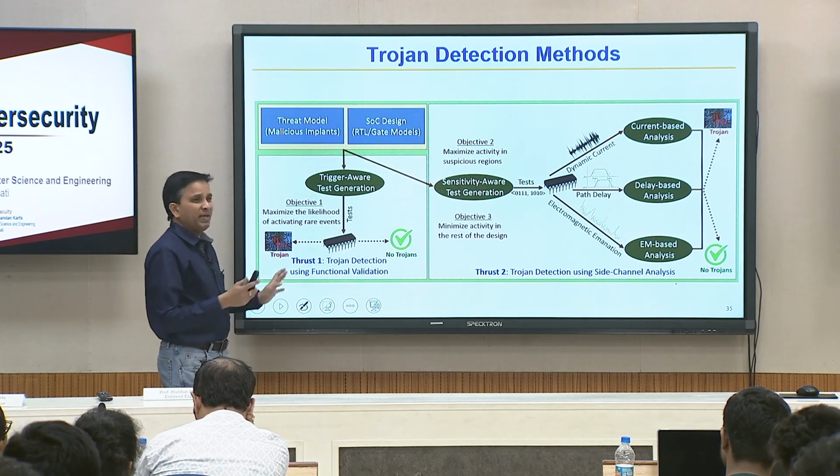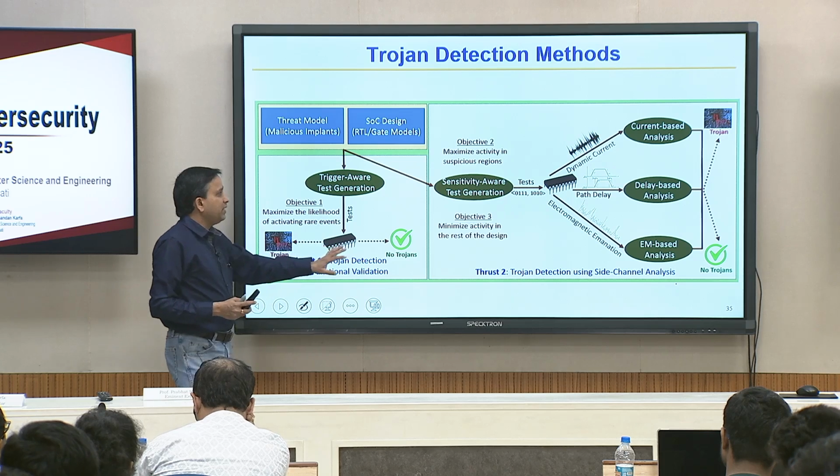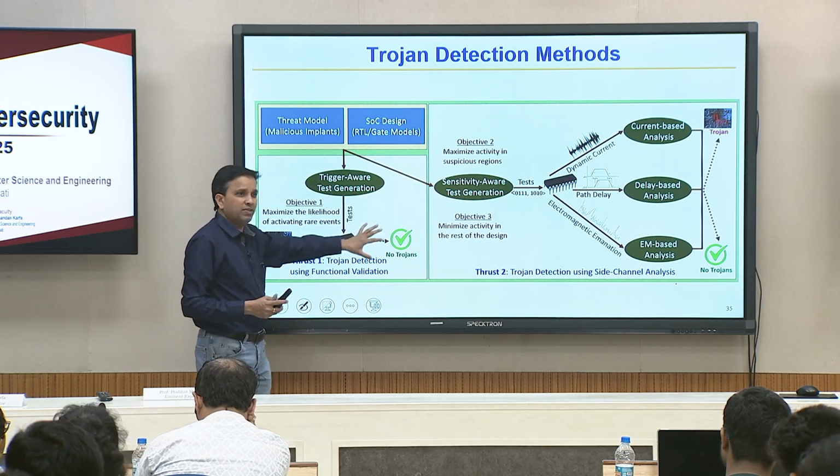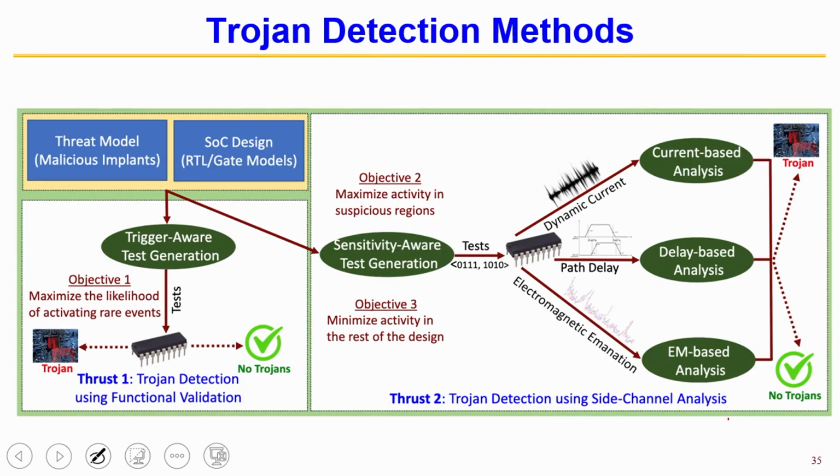So, here is the big picture of what is going to come next. When you want to do Trojan detection, you can do a normal simulation based solution, where you generate tests, run and detect, or you can do a side channel based solution, exactly what Dr. Karfa covered earlier. And even in side channel, depending on what side channel footprint you are going to use, is it current, is it delay, is it electromagnetic emanation, the solutions are going to be drastically different.